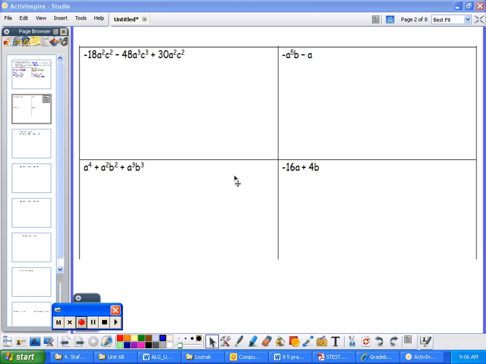Alright, this one is kind of long, but that's okay, we can do it. So here we go. And I'm going to make my pen a little thinner.